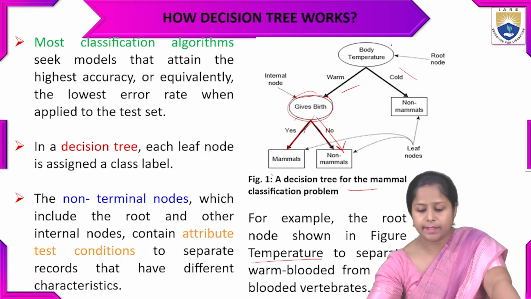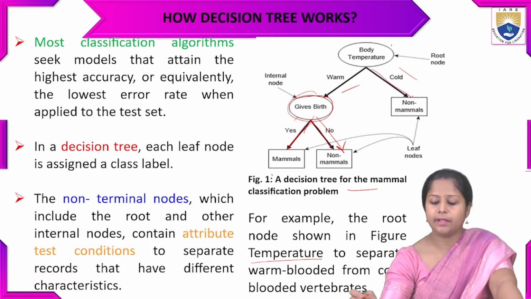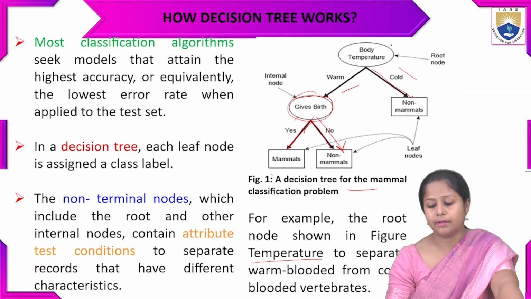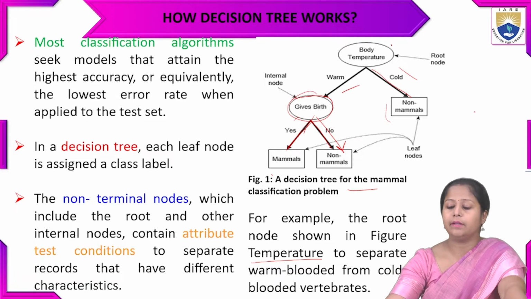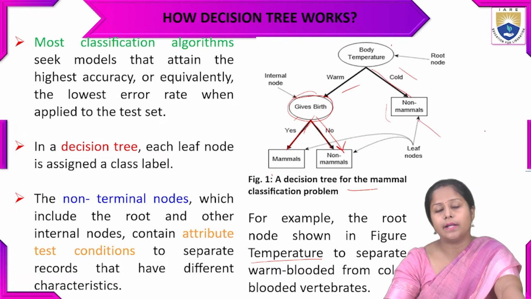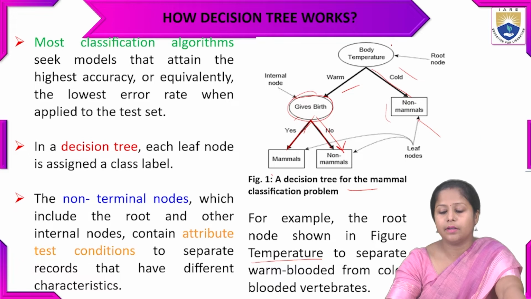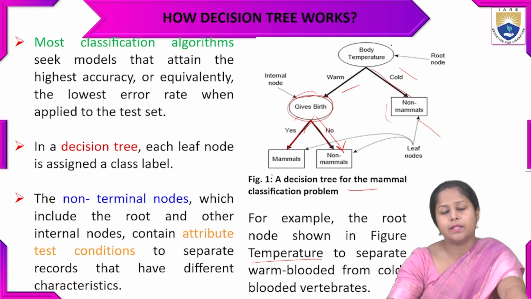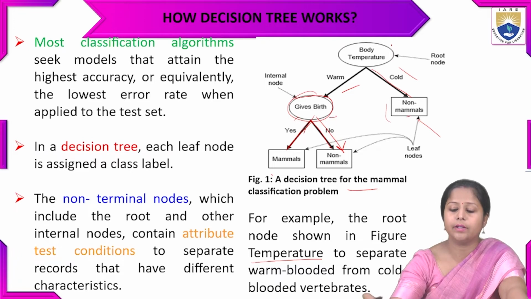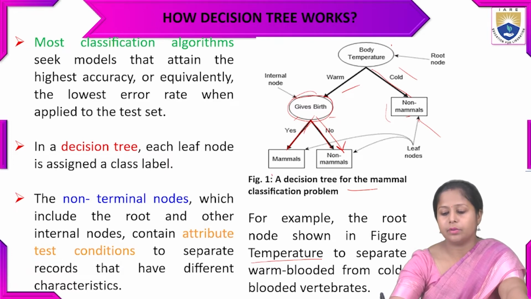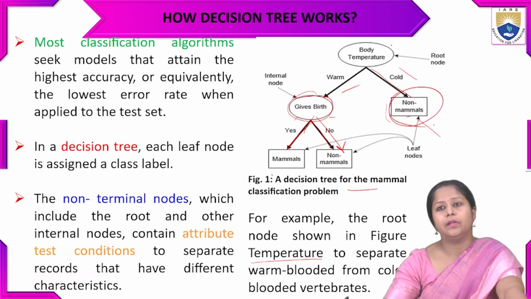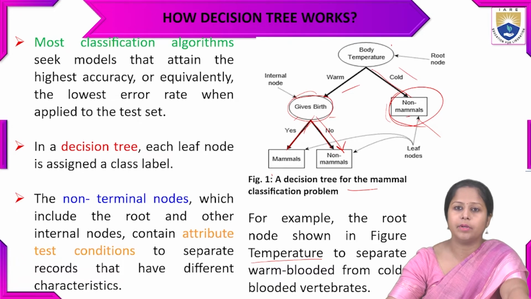On the right hand side, the other branch is an internal branch that has non-mammals and does not have further branches, so that is the leaf node. Like that, all the species will be divided into mammals and those that are not mammals. Nodes like the non-mammal ones are the terminal nodes.